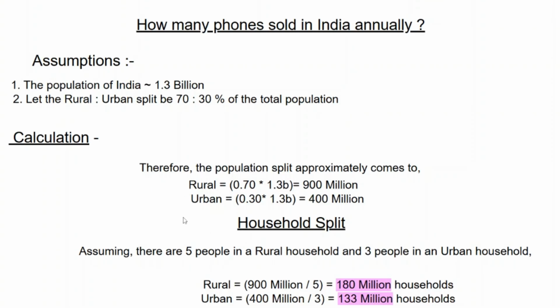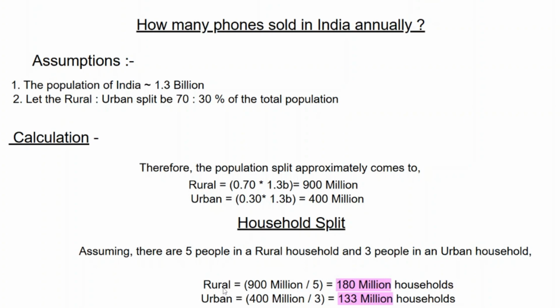The number of people in one household would be different in rural as compared to urban, because in one household there might be kids, there might be people who do not have phones, or share one common phone, especially in the rural category. So to simplify calculation, let's split it according to households. We are assuming 5 people in rural households and 3 people in urban households.